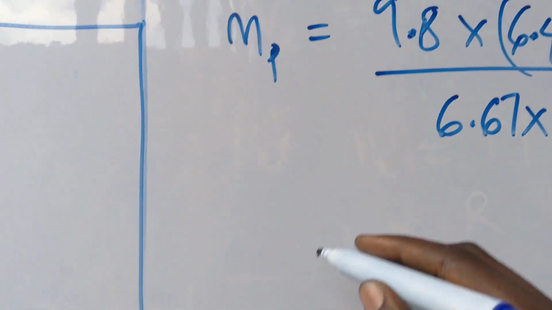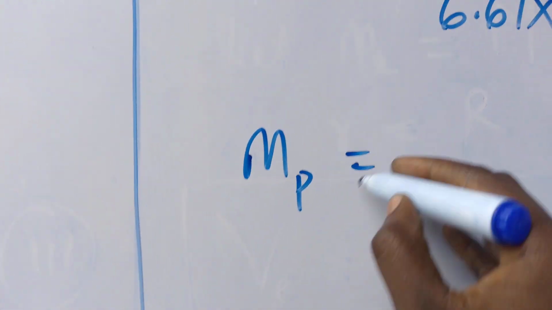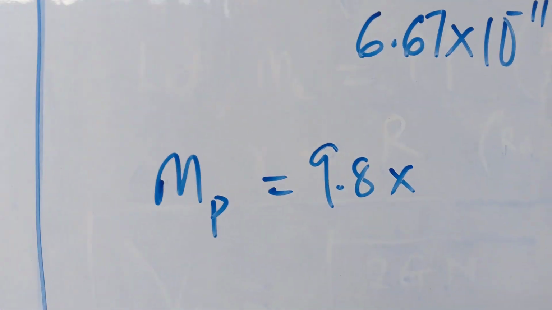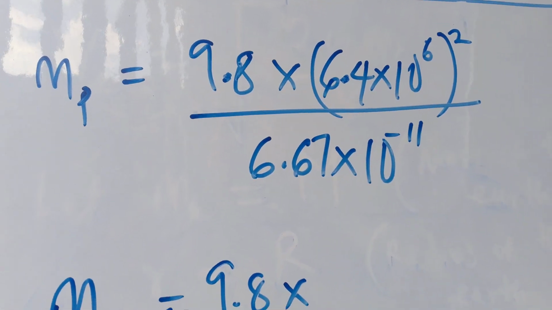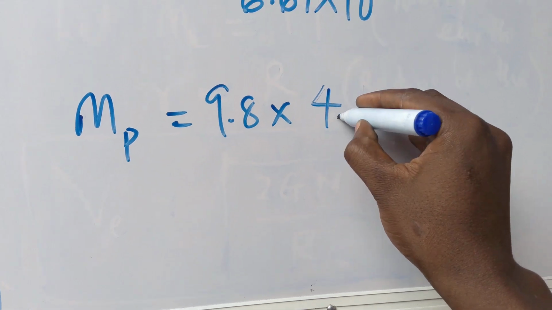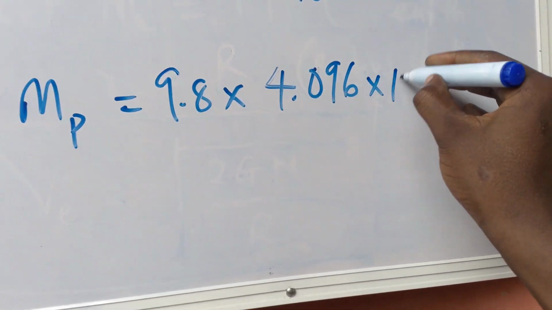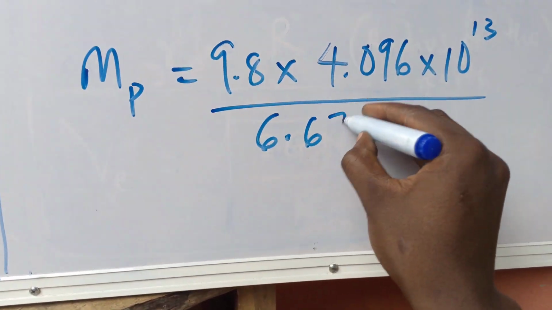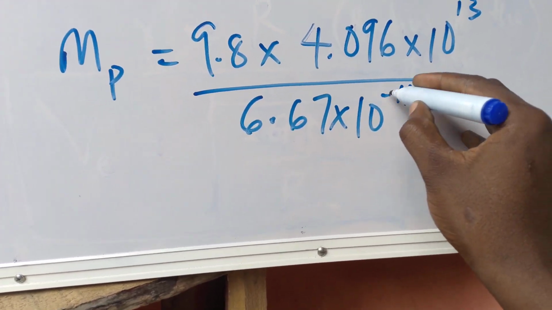If I square that, I'll be having 9.8 times 4.096 times 10 raised to power 13 divided by 6.67 times 10 raised to power minus 11.